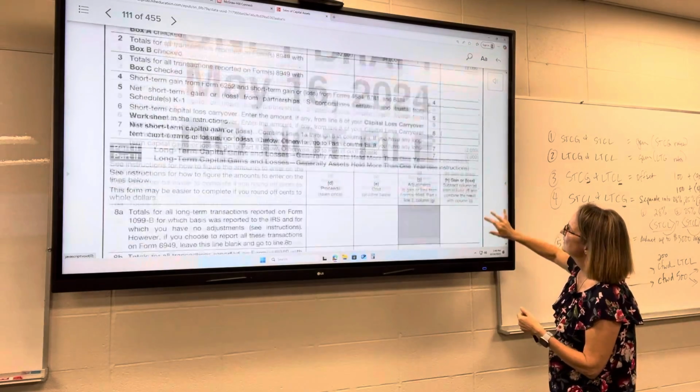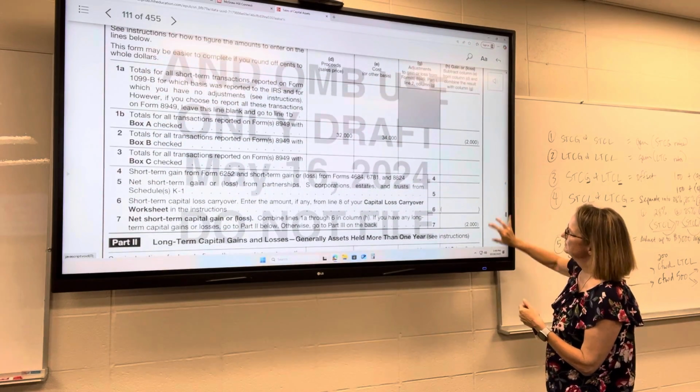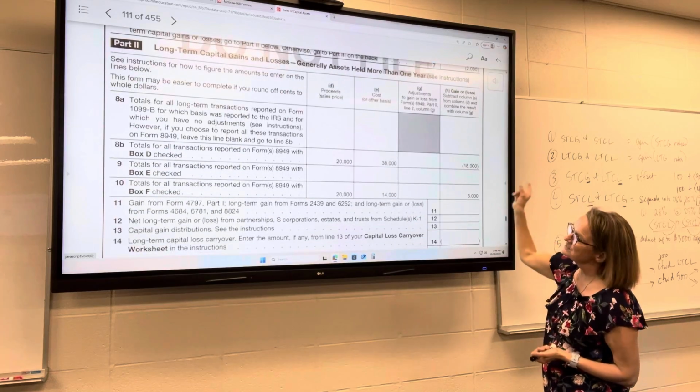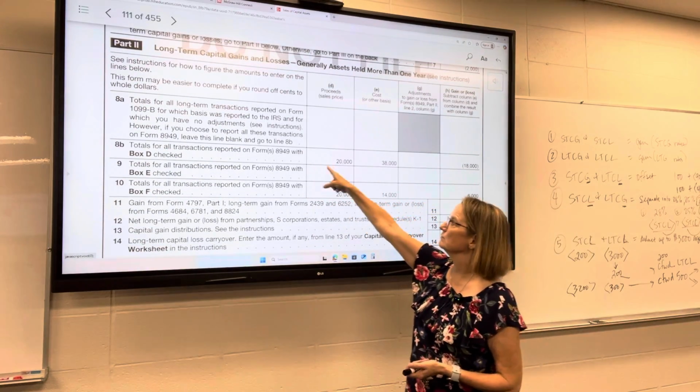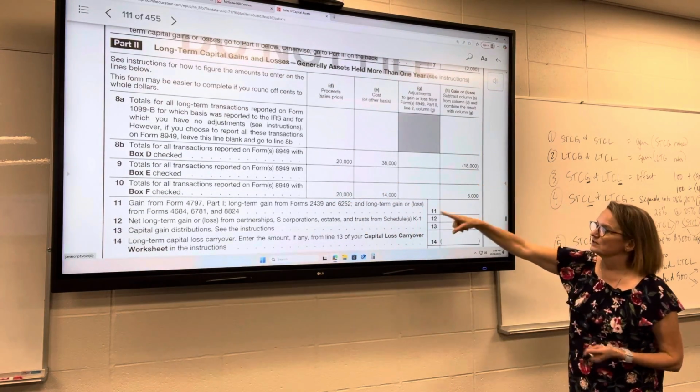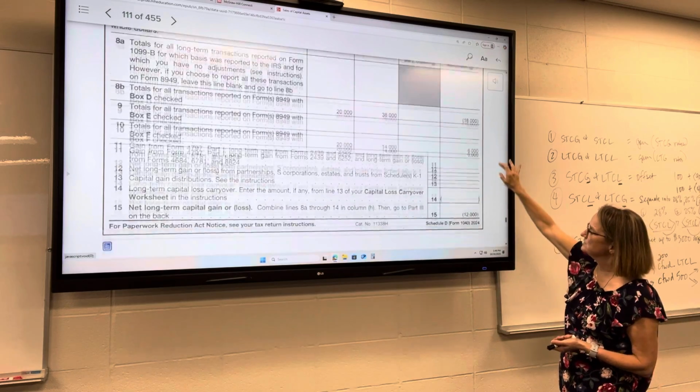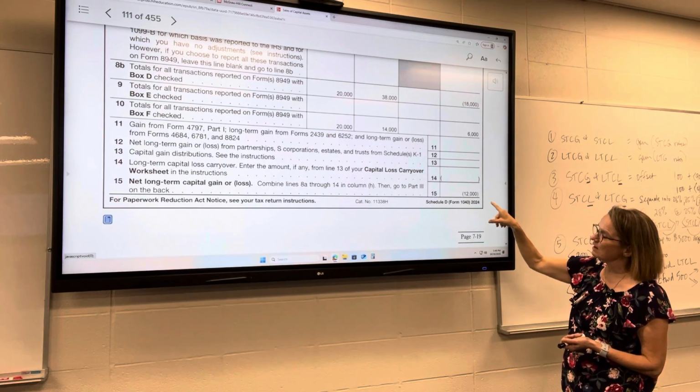So how that would show up, again, we got the same short-term loss of 2,000, but this looks different because we've got a loss here. We still have the collectibles gain, but this is now a loss, which means that this nets out to a loss.